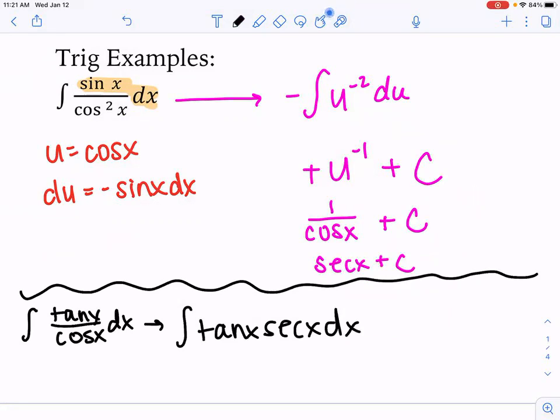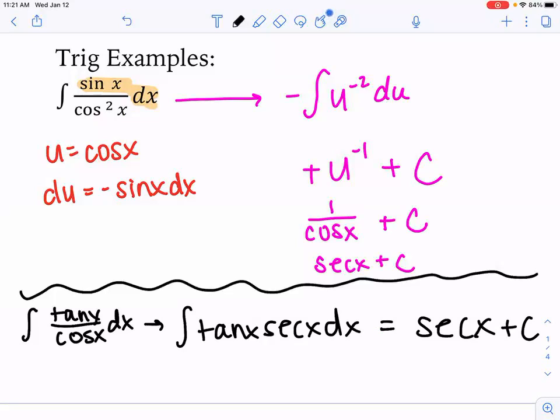We have an antiderivative for tangent x secant x. Did we get the same answer? True. However, what's nice about this is that if you saw it the U-substitution way, it wasn't that bad.